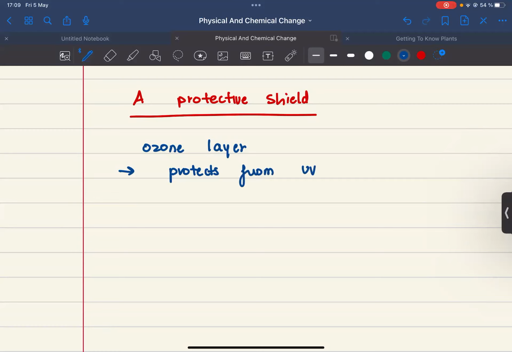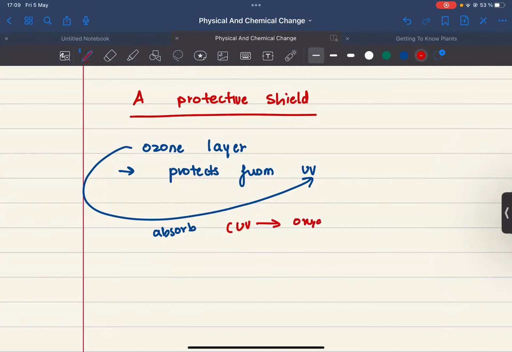radiations from the sun. So the ozone will absorb these UV radiations, and it will break the UV radiations down into oxygen.